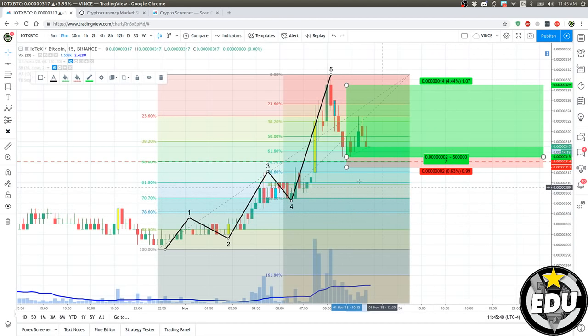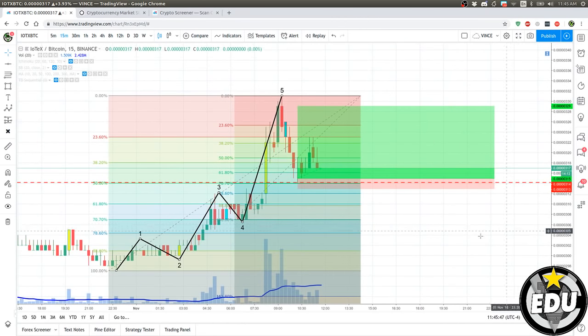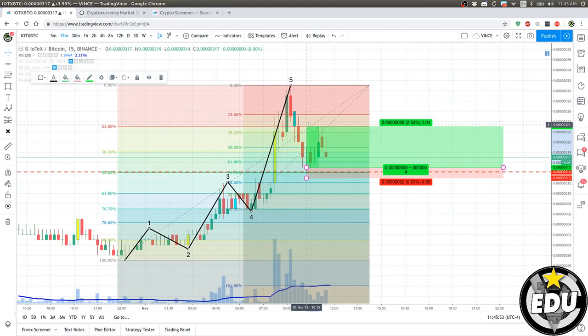Okay, so in this case we have 70.70, we have 50. If we would have entered this trade right there, and we would have reached, let's say, this level, that for 2.5% would have been already 4R, so 4 reward.